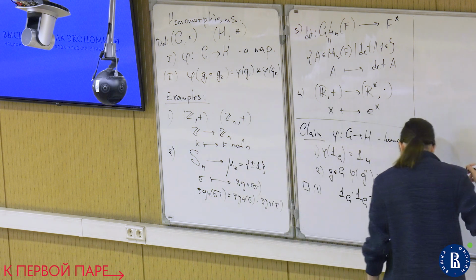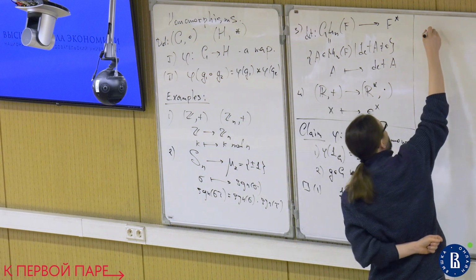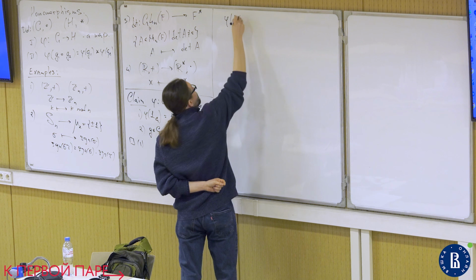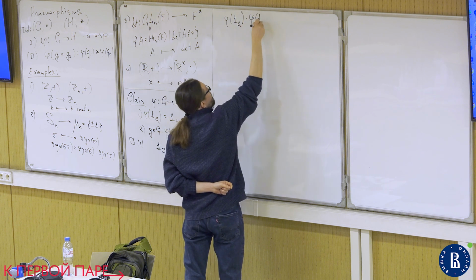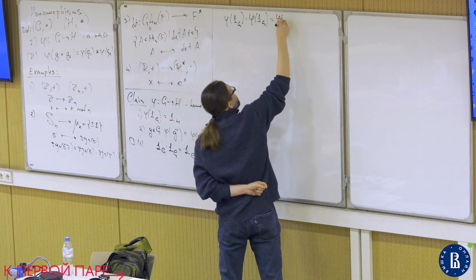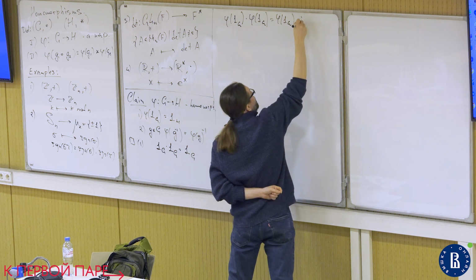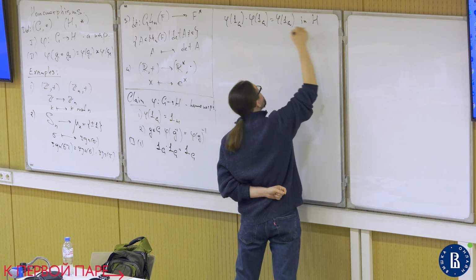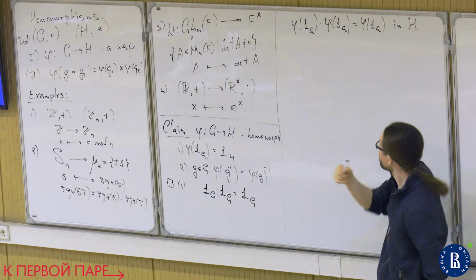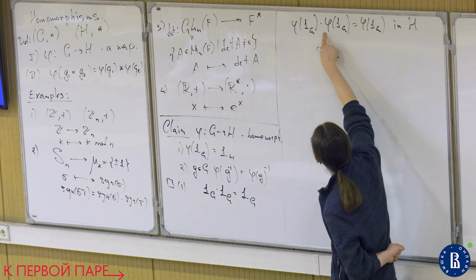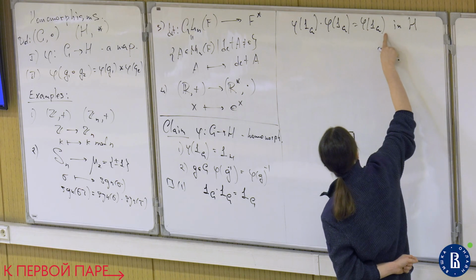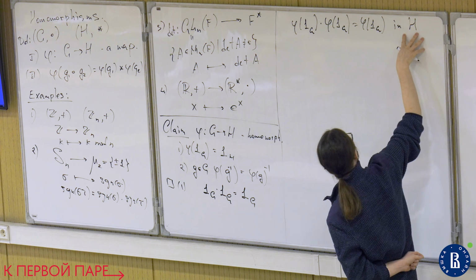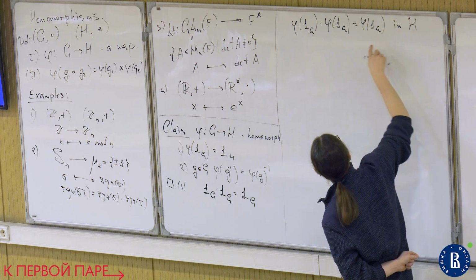Then, because phi is a homomorphism, we will get this equality. But this is an equality in the group H. Okay? So this is an element of H, this is an element of H, and this is an element of H. So these all elements live here.